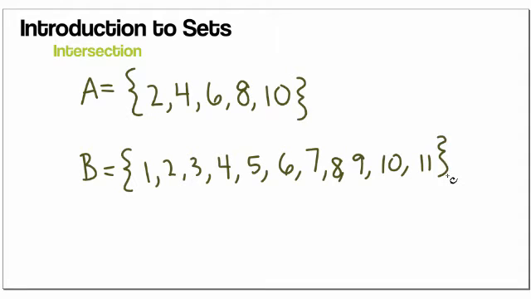The intersection describes a set that has numbers from both sets. It has to be in both sets to be included in the intersection. So remember, it has to be in both A and B.